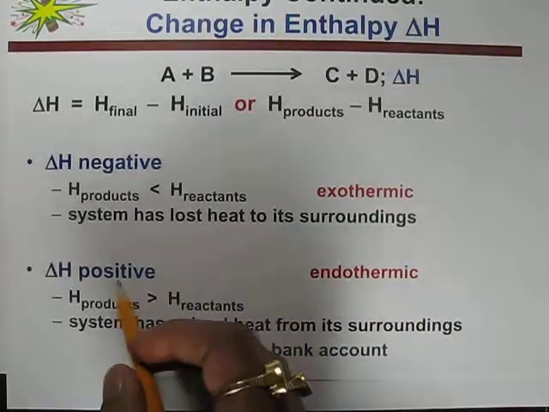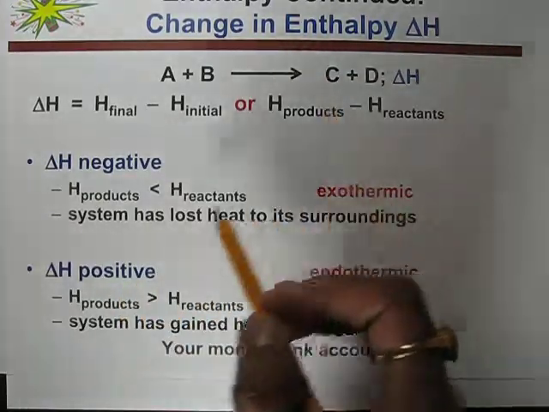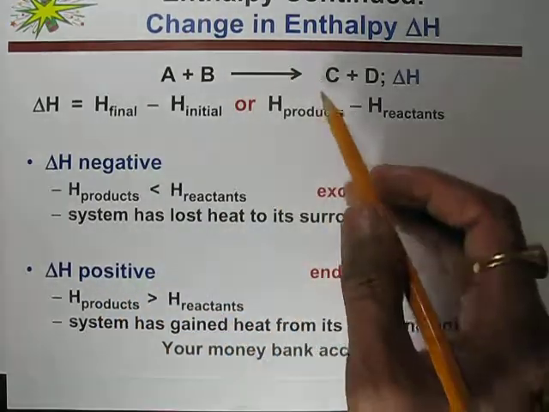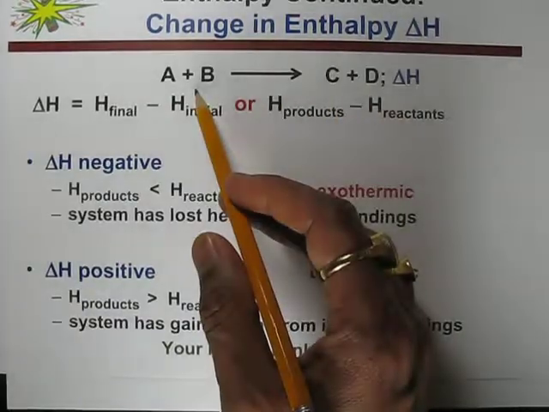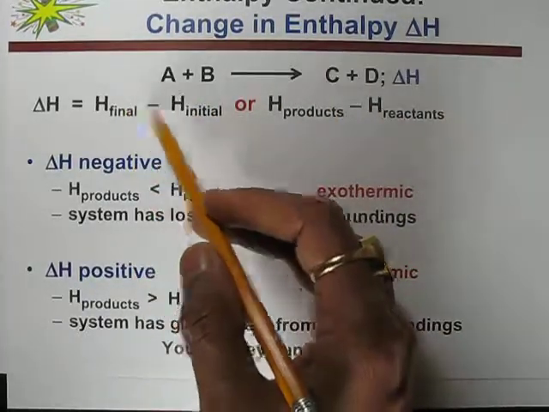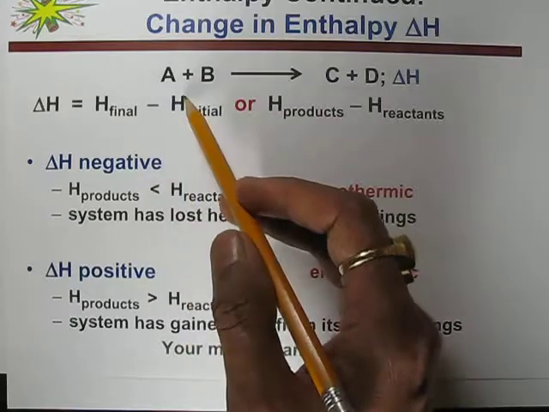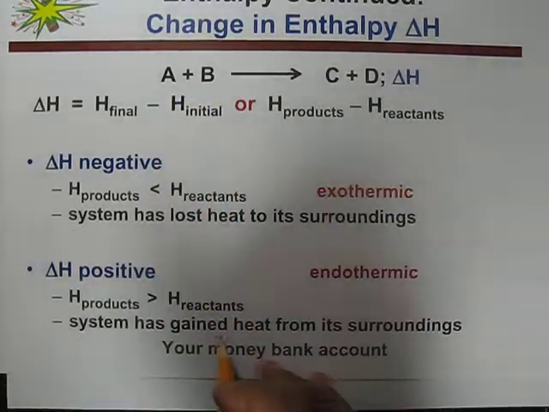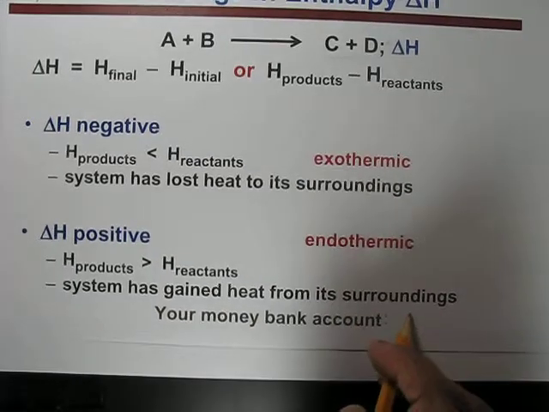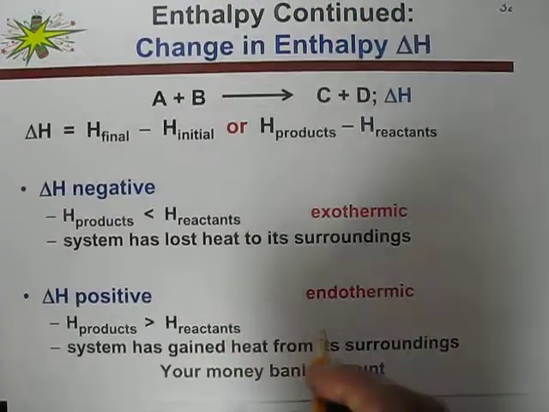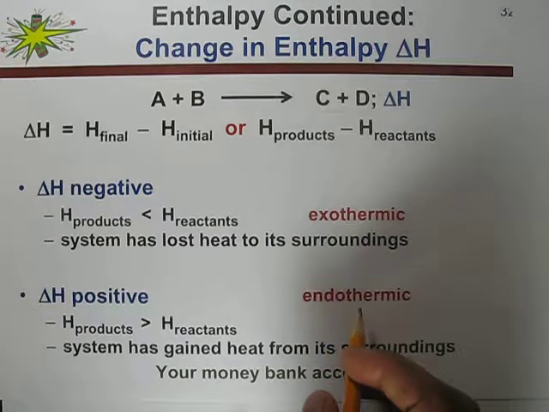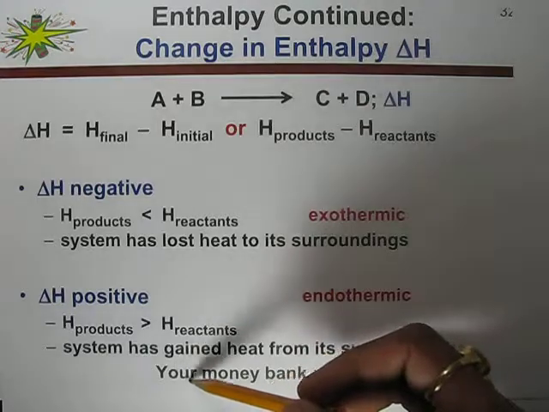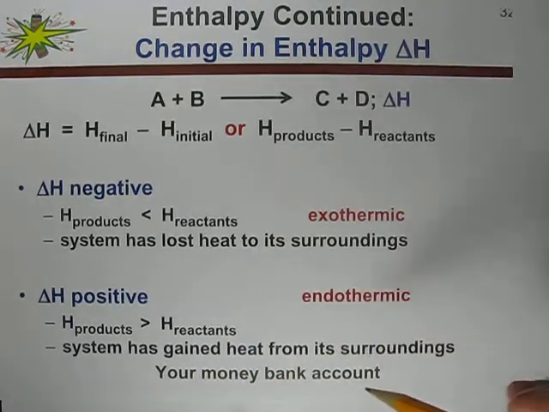And if delta H is positive, it means the products have more value than the reactants. So if the products have more value than the reactants, it means you need to give some more heat, more energy, more enthalpy, meaning the system has gained heat from its surroundings. So the system would be called endothermic, and this process is exactly the same as your money in a bank account.